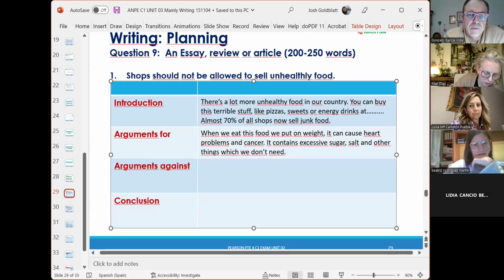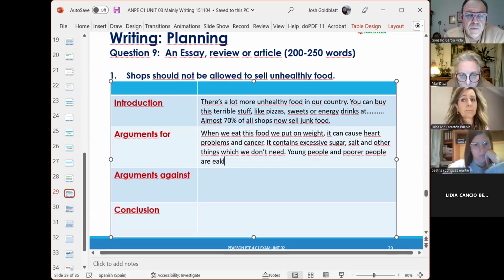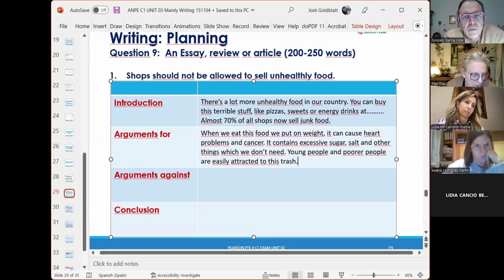And who normally eats junk food? Young people, are rich people or poor people? Poor people, young people. There's another word for this, trash. Absolutely. There's three fantastic arguments which you gave me. I did not make them up.